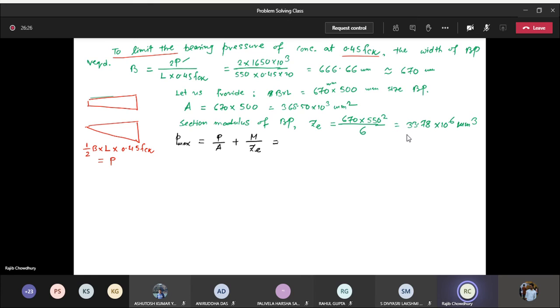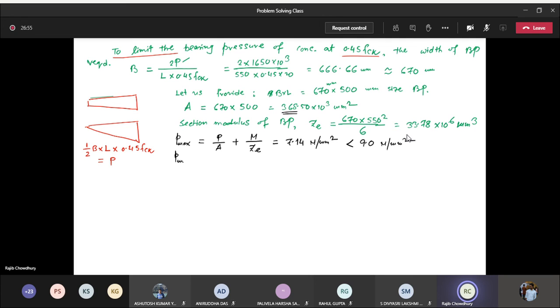So P upon A plus M divided by ZD. So what is this A? This A is the final calculated value. So it is becoming 7.14 Newton per mm square, which is definitely less than the 0.45 of FCK, which is 9.0 Newton per mm square.